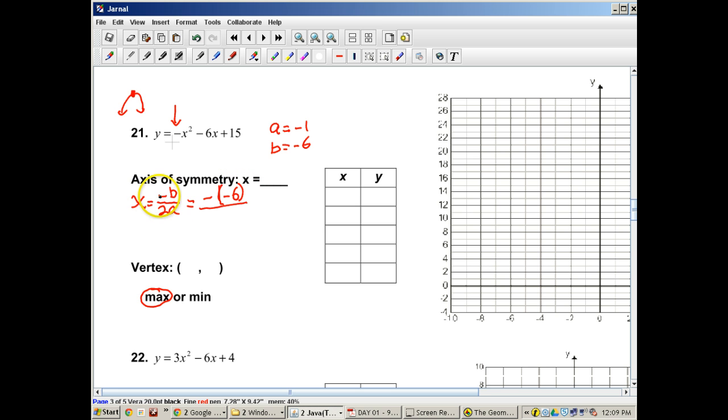One negative with the formula, and the number you're plugging in is also negative, so there are 2 of them. So all over 2 times negative 1. So we have positive 6 over negative 2, which equals negative 3. So the center of the graph is going to be at negative 3.